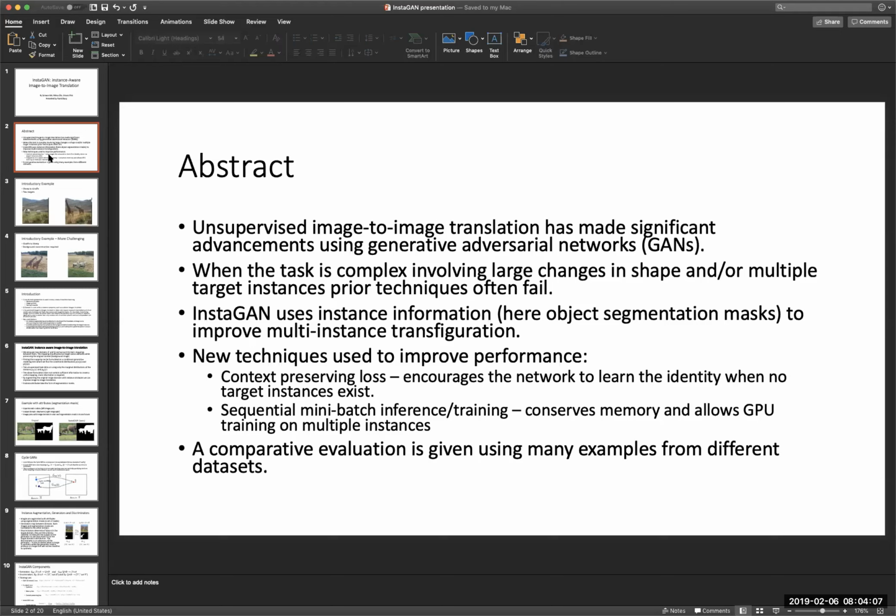But when the task is complex, involving large changes in shape and or multiple target instances, prior techniques often fail.